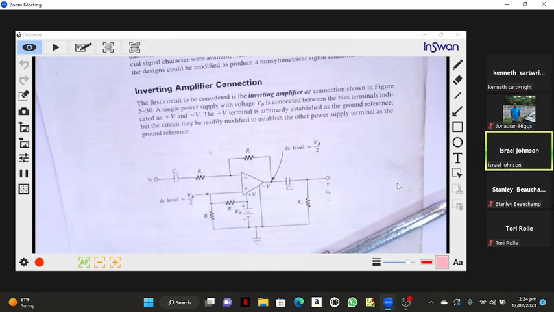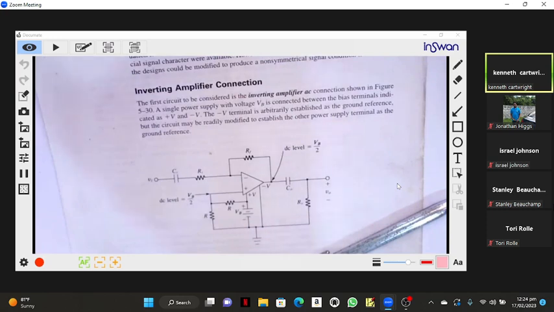Wouldn't that be half of VB? Exactly. It would be VB over 2. And if there's VB over 2 across RO, there'll be DC current through RO. And RO is our output. We may not want DC current through our output, our load.